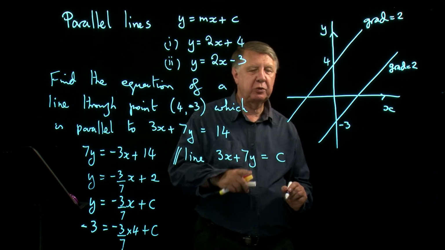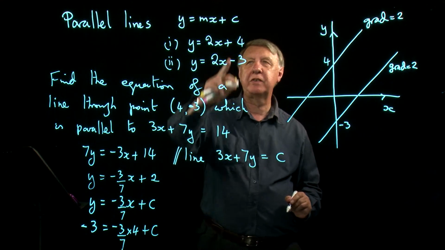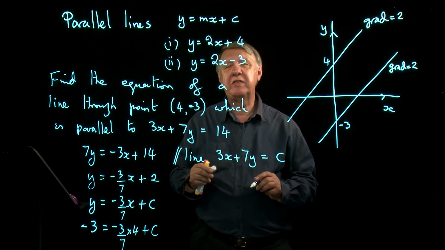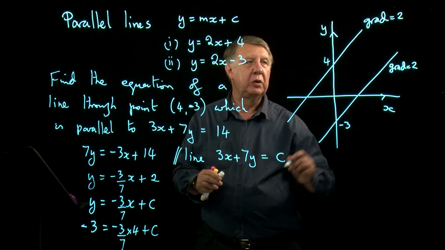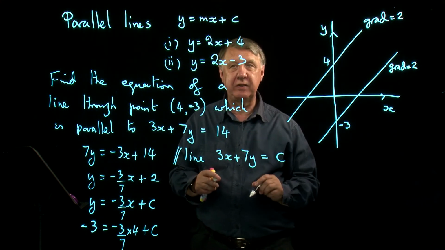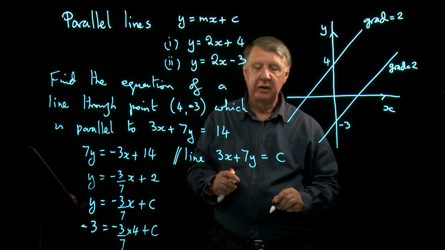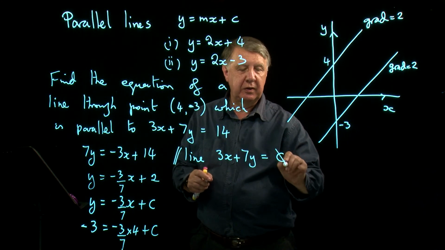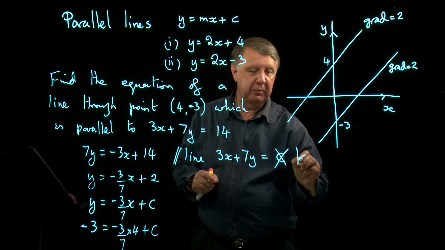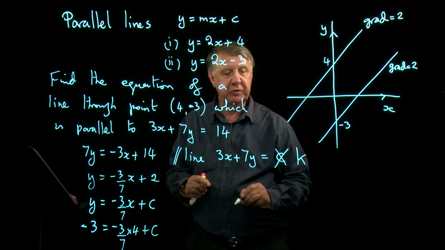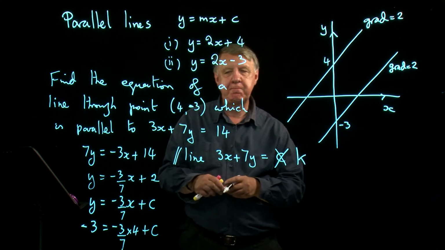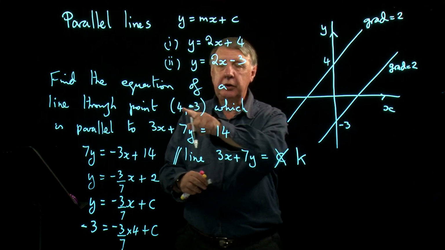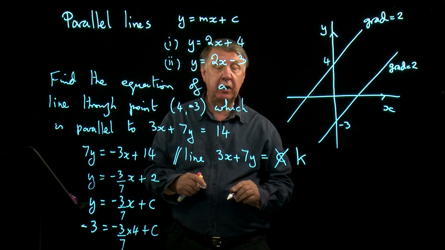Now, it's probably a bit naughty of me to use c here because c is normally reserved for where it crosses the y-axis. And this is a different c. So, okay, let's make it a bit more sensible. We call it k. You've got the point that's got to lie on the line.